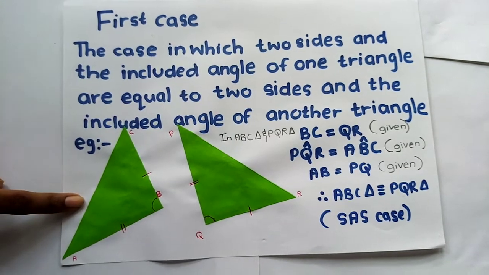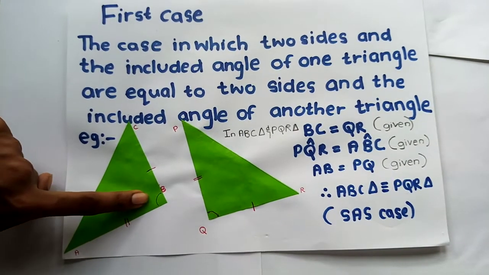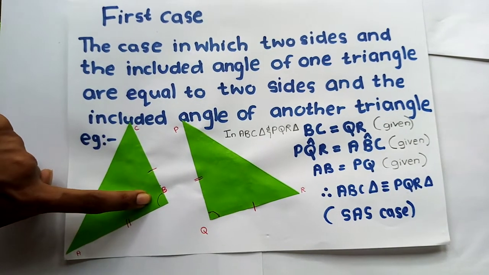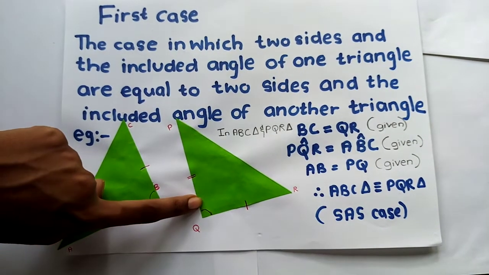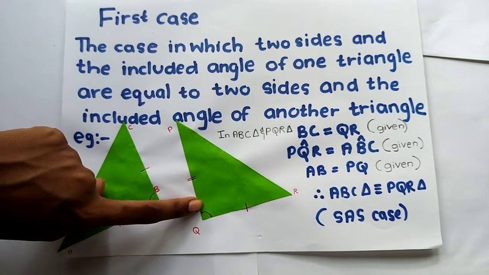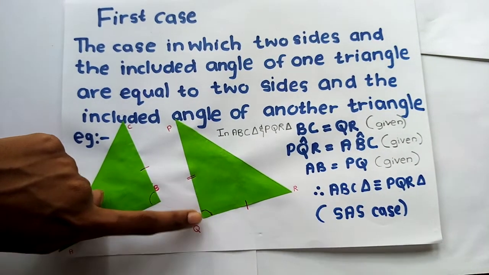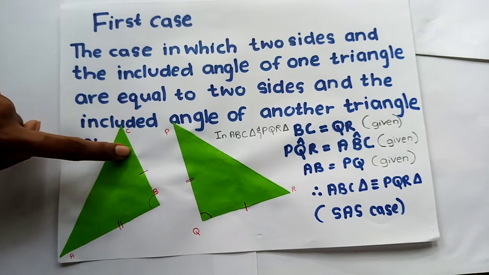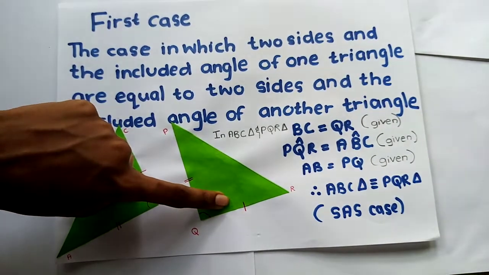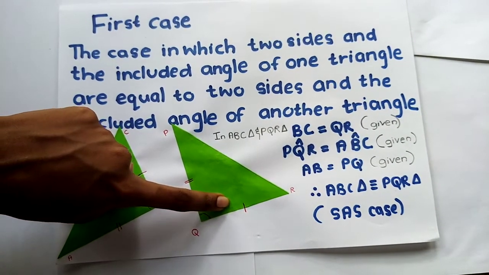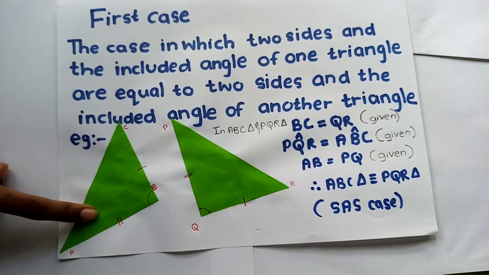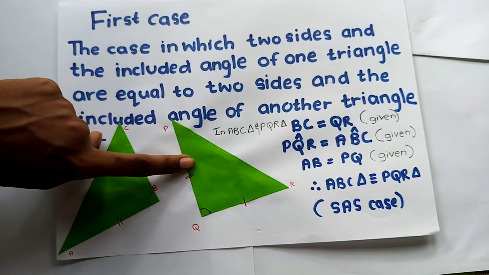In these two triangles, I have marked angle ABC is equal to angle PQR. And side BC is equal to side QR. Here, side AB is equal to side PQ.